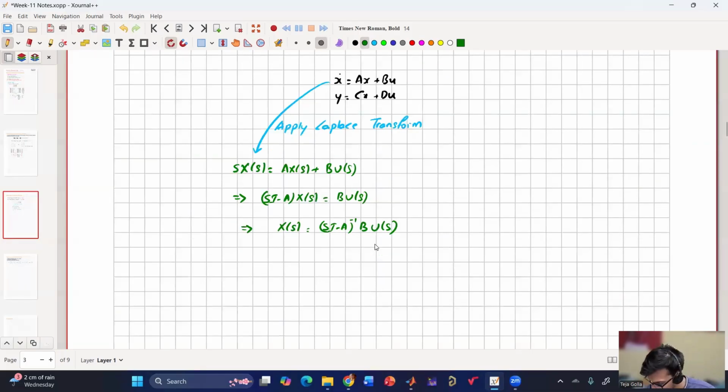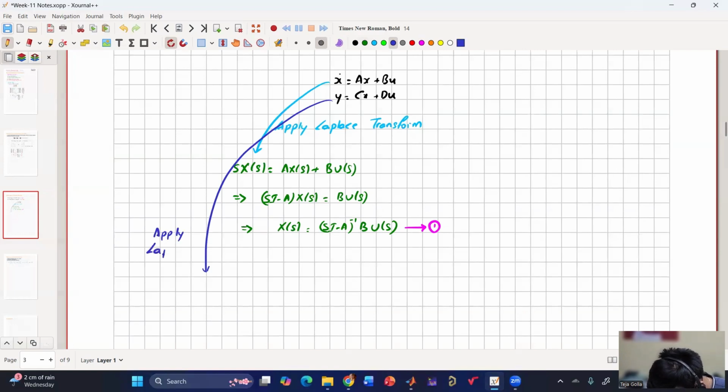Let me call this equation 1, and then apply the Laplace transform to the second equation. Do the same, apply Laplace transform. Then we'll get Y(s) equals C X(s) plus D U(s).